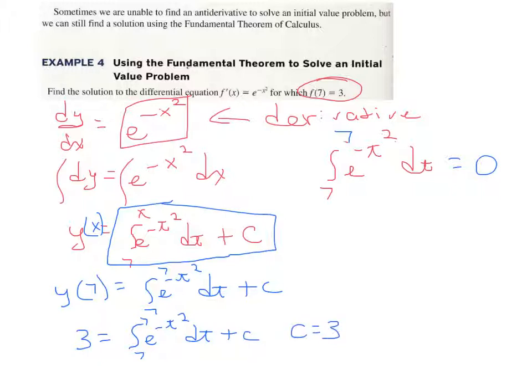So then our solution to this particular problem, I'm going to rewrite it as f, since that was the original problem, equals the integral from 7 to x of e to the negative t squared dt plus 3.